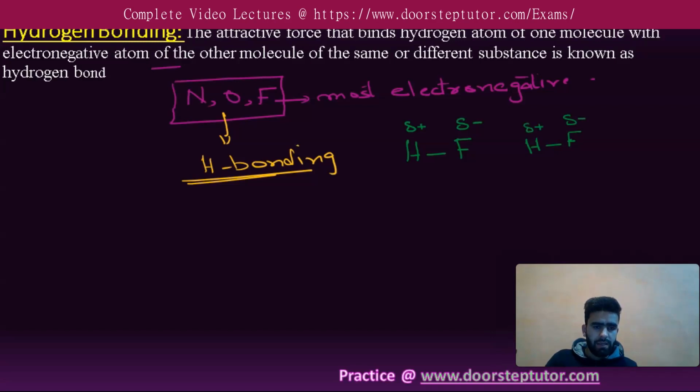An interaction happens between the delta negative of fluorine and the delta positive of hydrogen. This type of interaction between the most electronegative fluorine atom and the hydrogen atom is called hydrogen bonding.